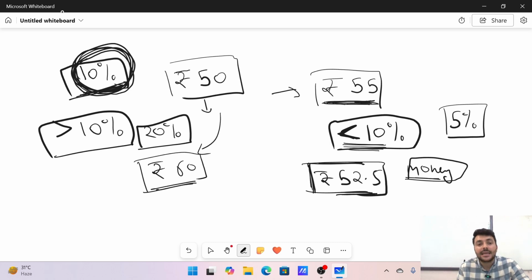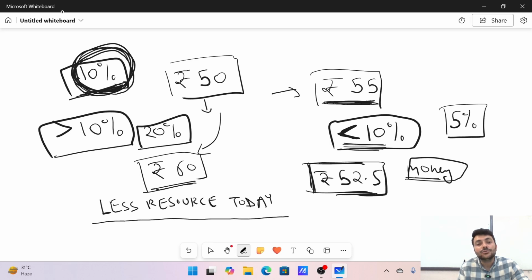Then in this case, the extractor would extract less resource today, because he knows that the user cost in the next time period would increase by more than 10%. So it would be beneficial for him to extract the resource in the future rather than in the present time period. I hope Hotelling's rule is clear to you.